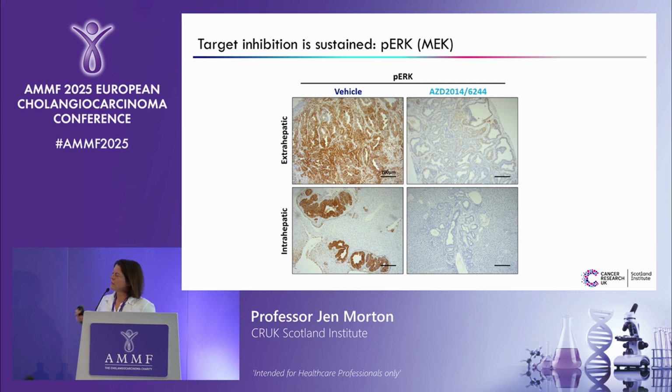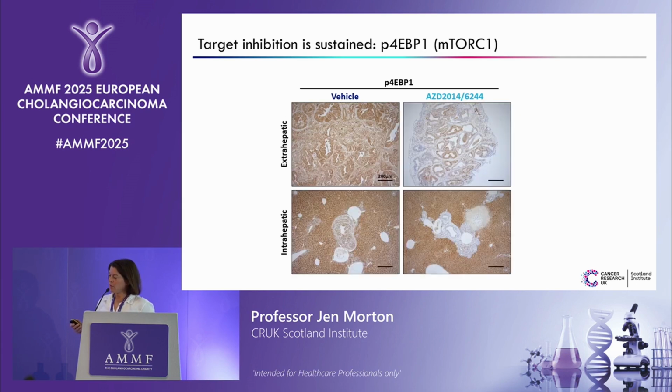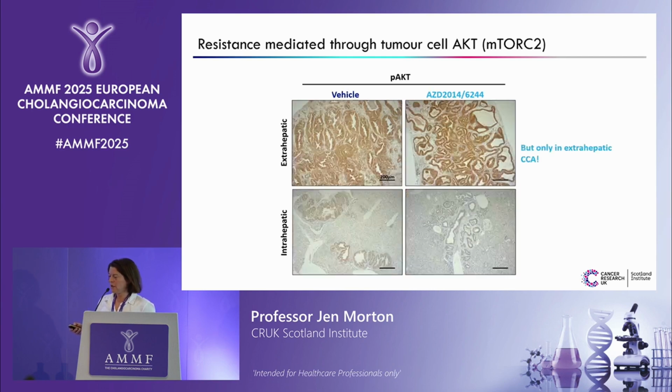In this model, we looked a bit more closely at resistance mechanisms, and we see that phospho-ERK activity downstream of KRAS or downstream of MEK is still significantly reduced at endpoint. Signaling downstream of mTORC1 is still significantly reduced at endpoint.